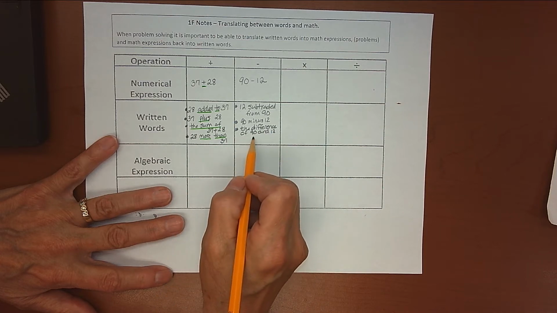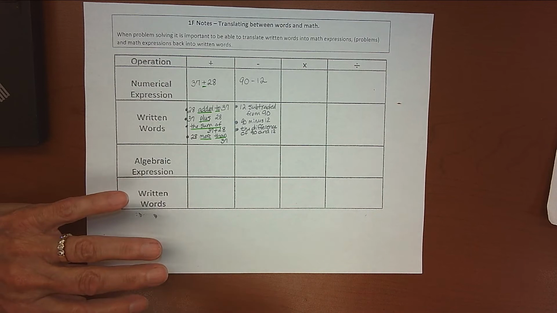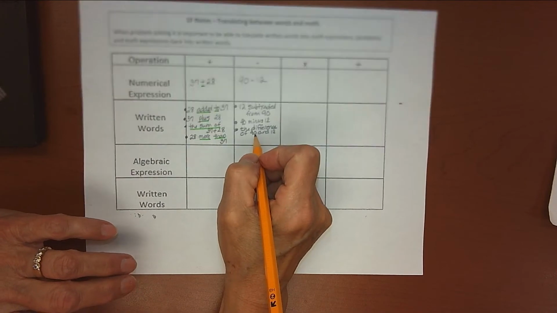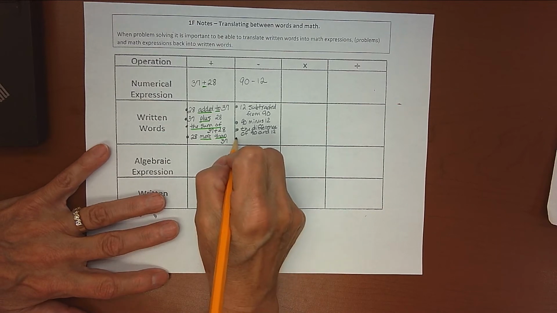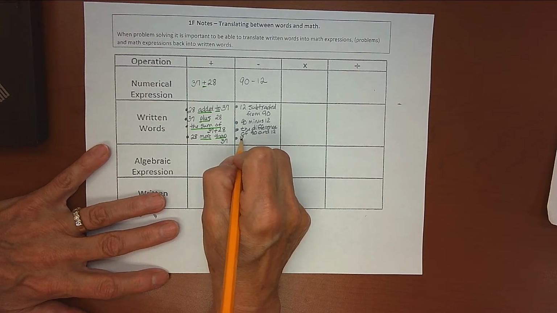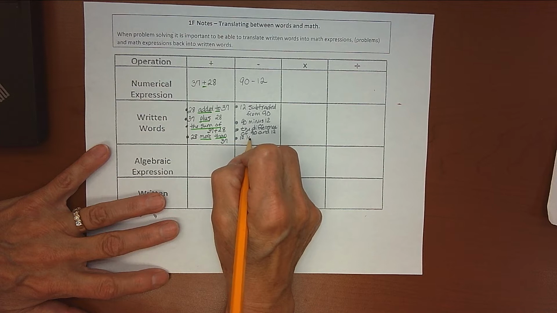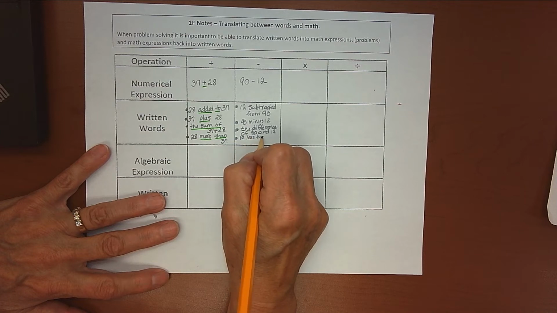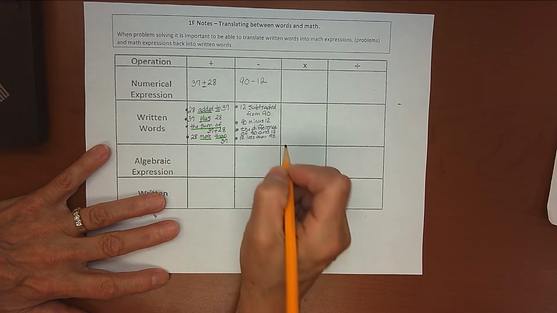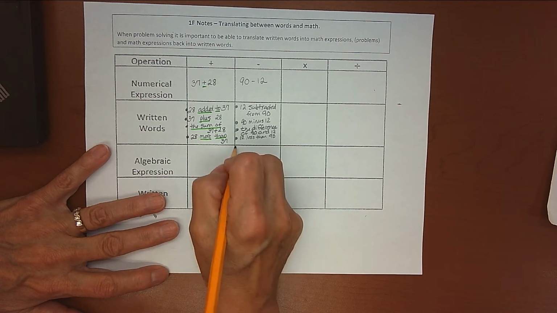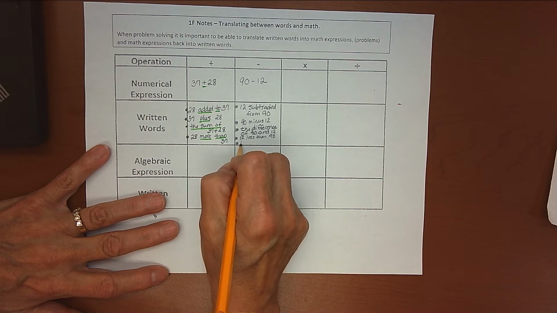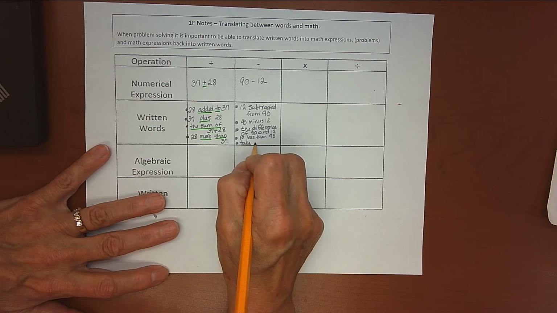When you have the difference, you write the number that will go in front of the subtraction symbol first. And we could do 12 less than 90. Again, that reverses the numbers, so be careful. And then one last one, we can take 12 away from 90. Another one that reverses the numbers.